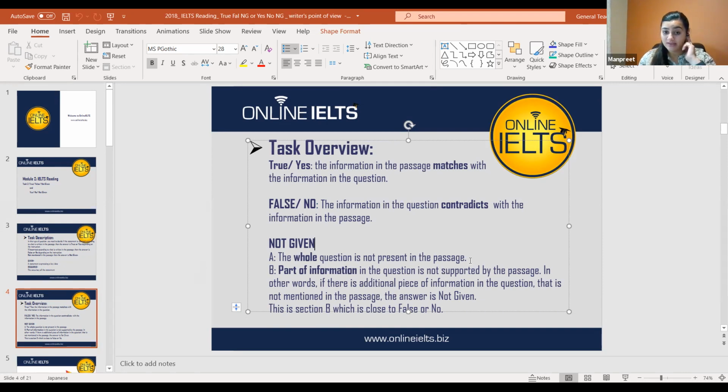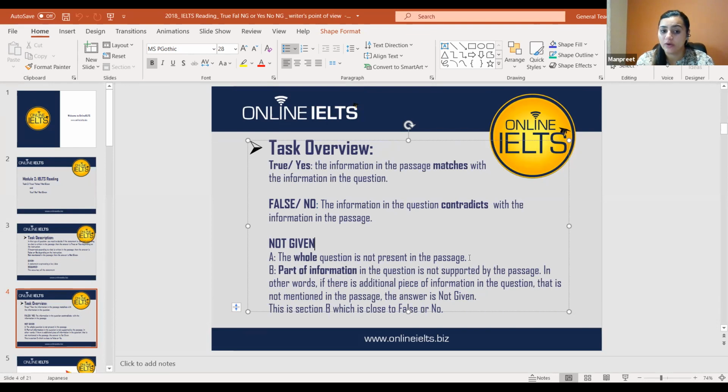As I said, you will be able to find some of the keywords. That means half of the information from the question would be there in the passage, just the basic information, but the main part of the question would be missing. A few words would be there in the passage, definitely, but the main thing they are asking would be missing.